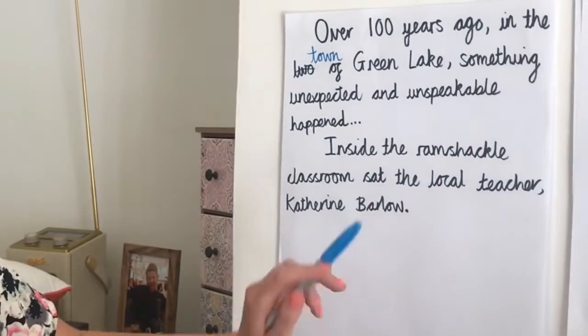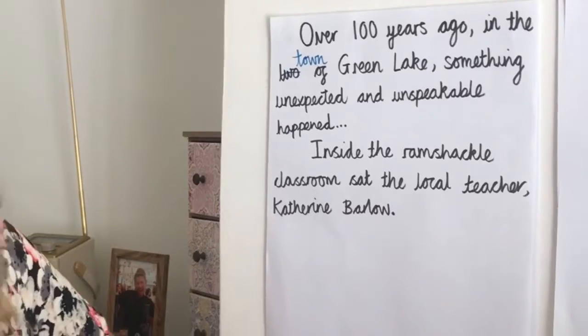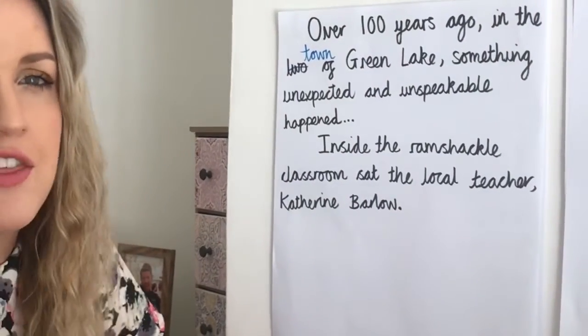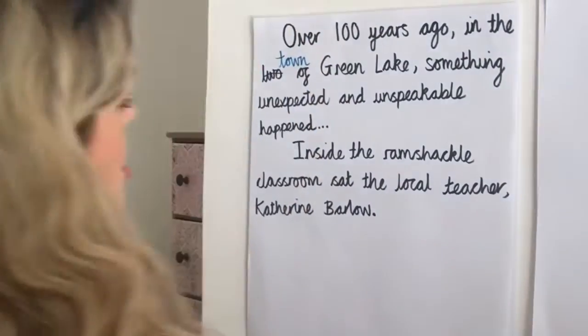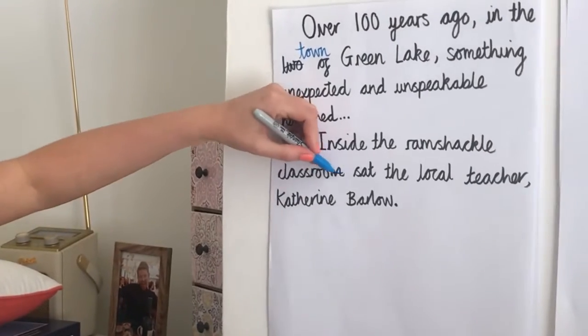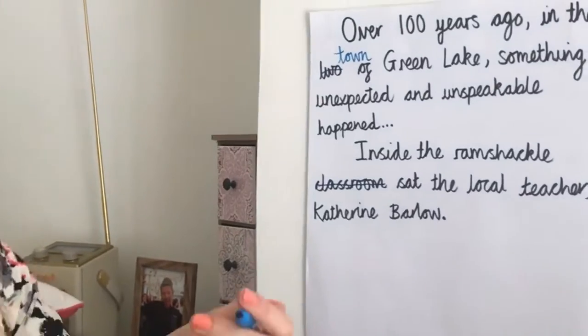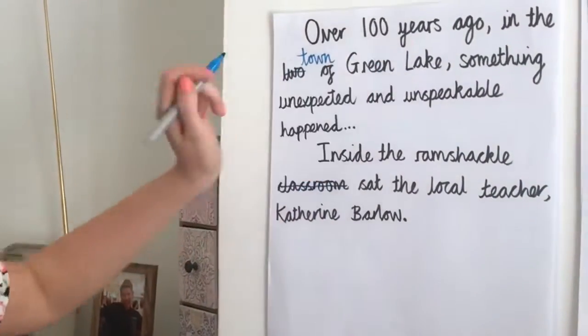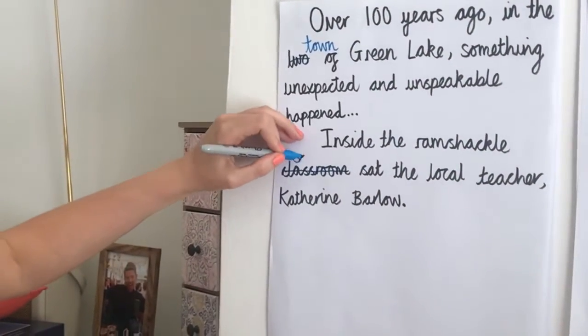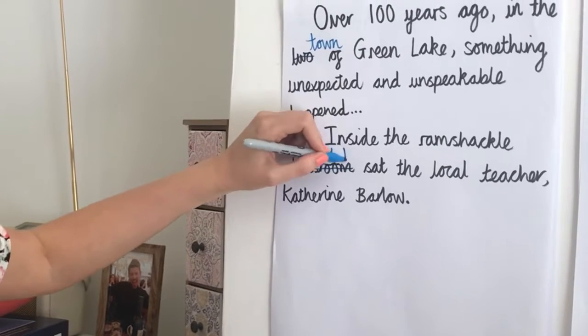Then I've got inside the ramshackle classroom, that means it's scruffy, things are broken, as we know. But I'm actually going to upgrade it and use a word that they used in the text to show that it is over 100 years ago. Instead of classroom, I'm going to call it the schoolhouse.